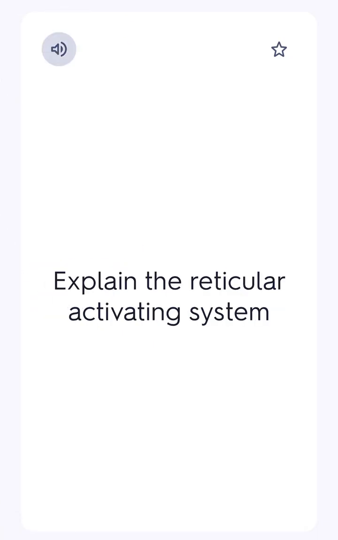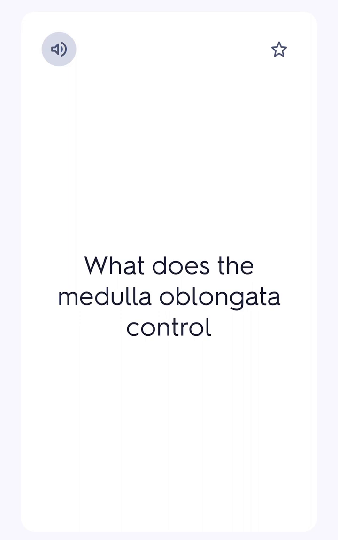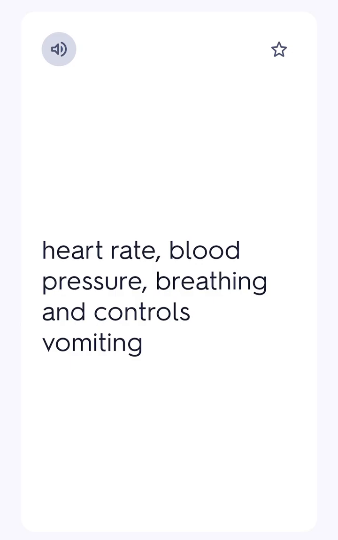Explain the reticular activating system. 2 neural tracts that are responsible for the level of alertness and sleep and wake cycles. What does the medulla oblongata control? Heart rate, blood pressure, breathing, and controls vomiting.